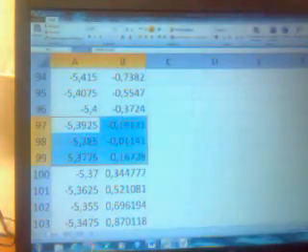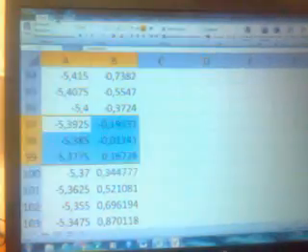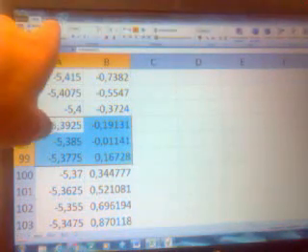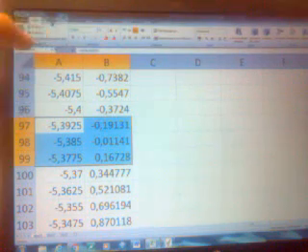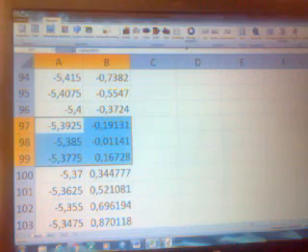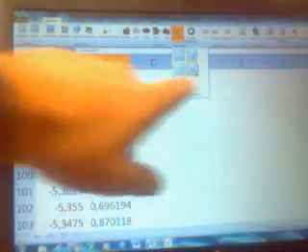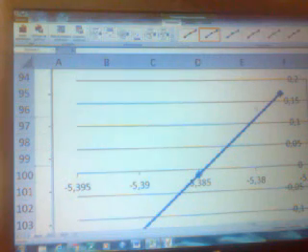What I'm going to do is insert a graph. This is all in Dutch, so I have to translate sometimes. Here it says insert, and I'm going to insert a graph of this type. I'll zoom in to 100%.